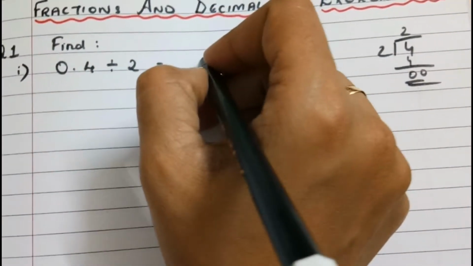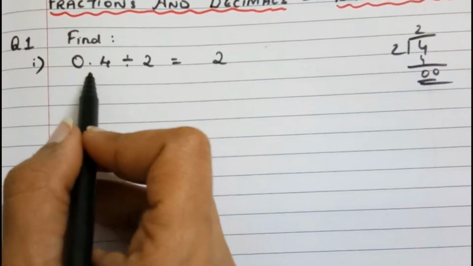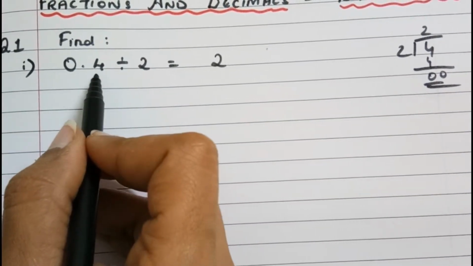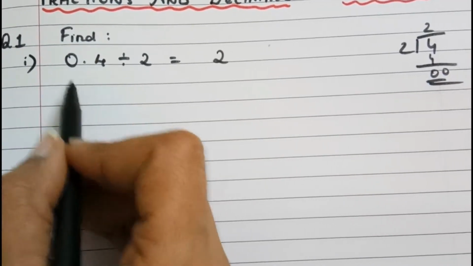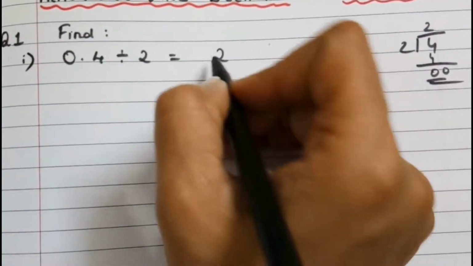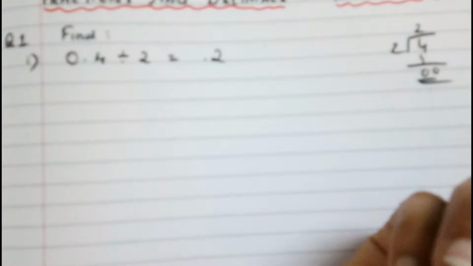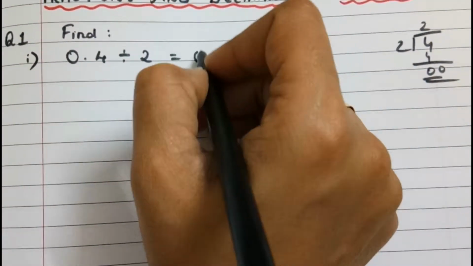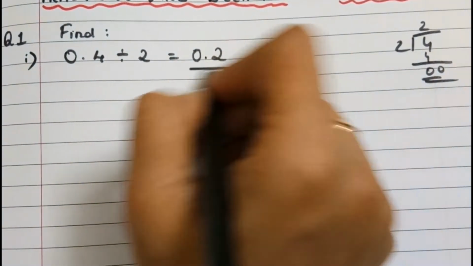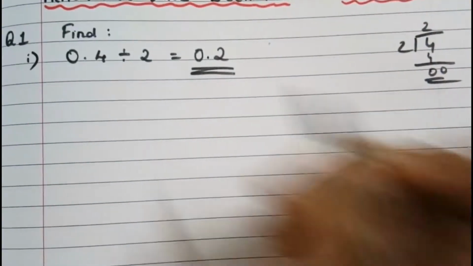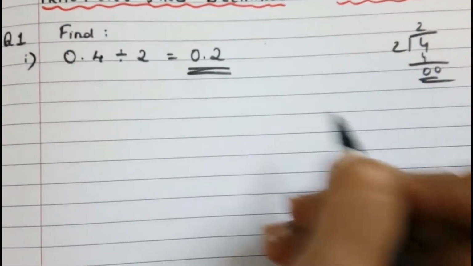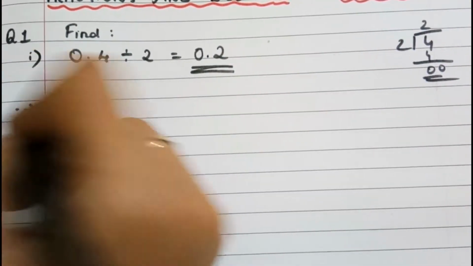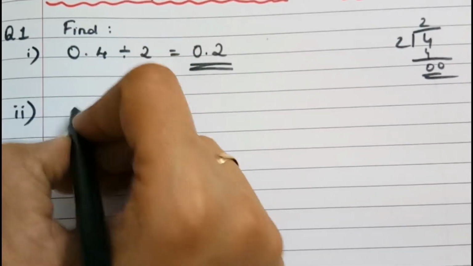Now, since there is one number after the decimal point here, the answer will be 0.2. Normally we don't write .2 alone; we write 0.2. So the first answer we got for this question is 0.2. Clear?